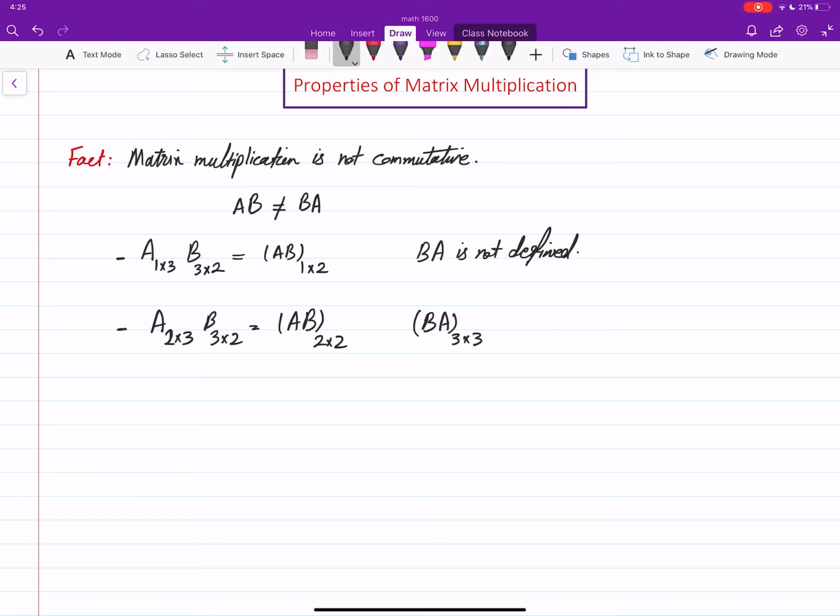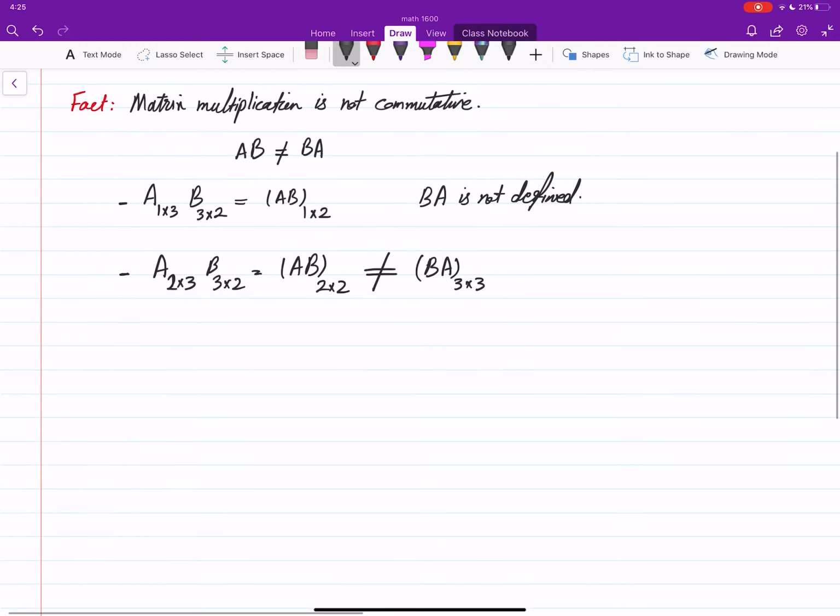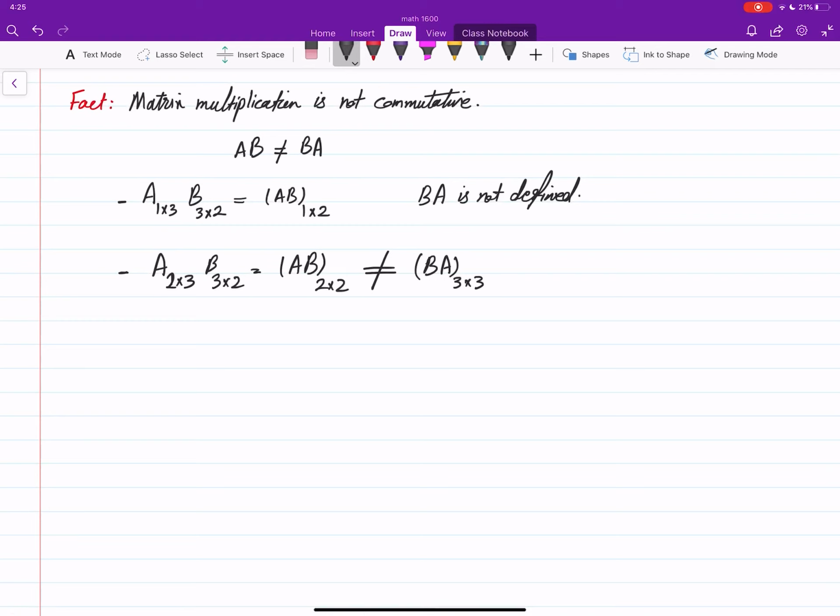It is defined, and there is no reason, well, obviously this cannot be equal to a 2 by 2 matrix. This is another level. AB is defined, BA is defined, but AB does not have the same dimensions as BA.